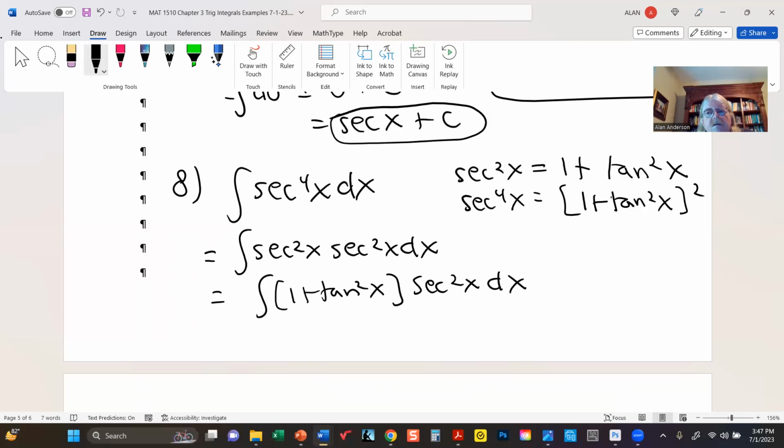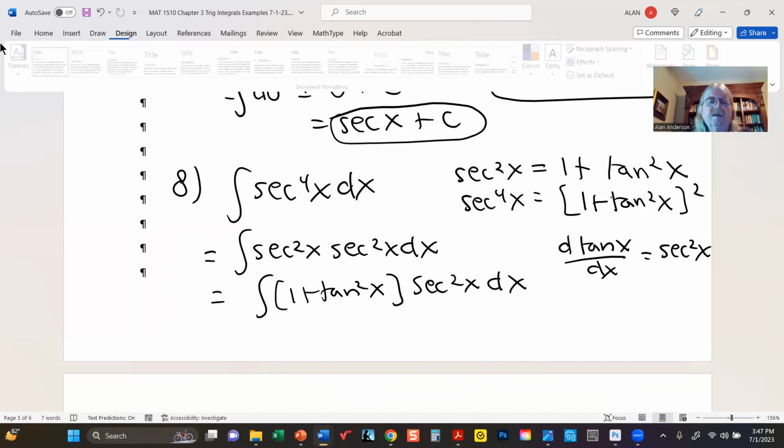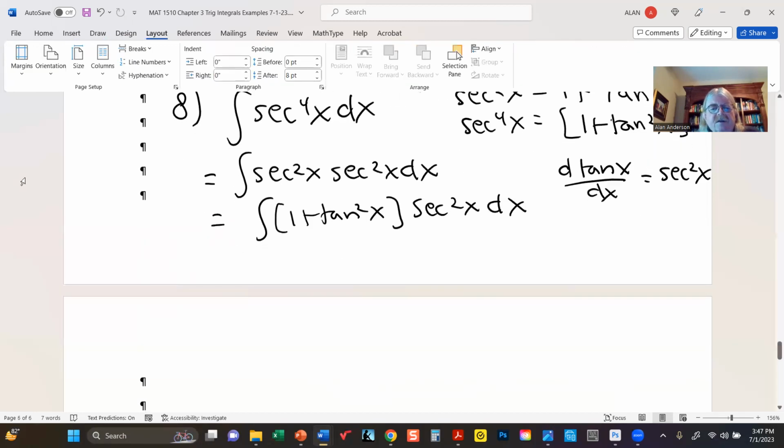So given the derivative of the tangent is the secant squared, why don't we try this? How about if we let u be the tangent?